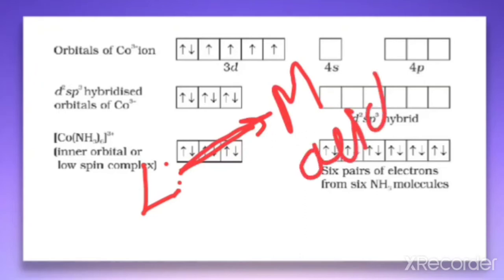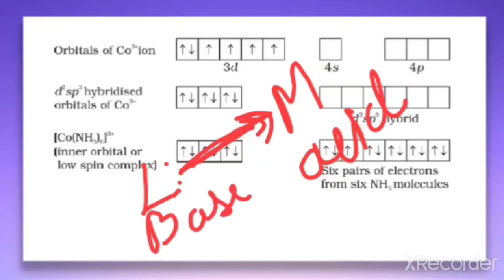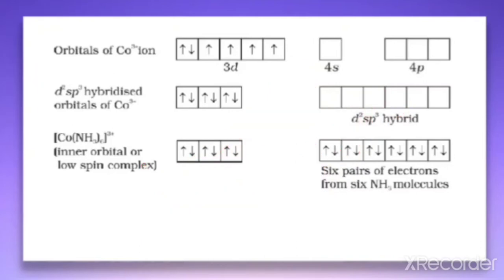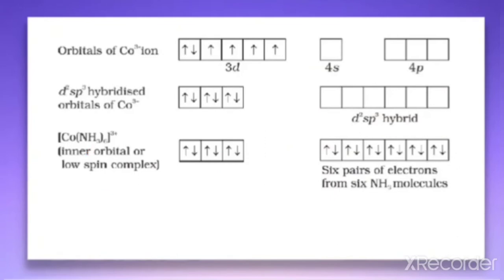This type of bonding is called a coordinate bond, as we have already discussed. Only one is contributing the electron. Which one? The ligands, that is ammonia.